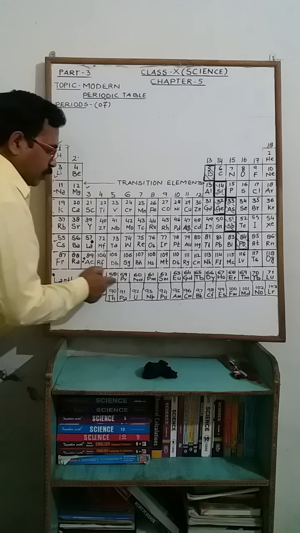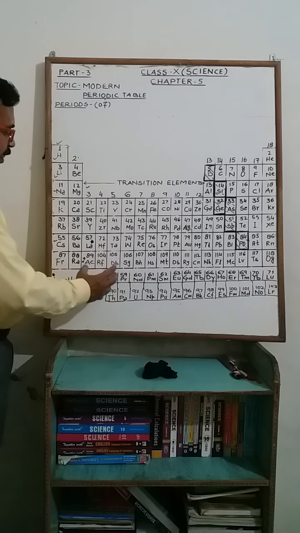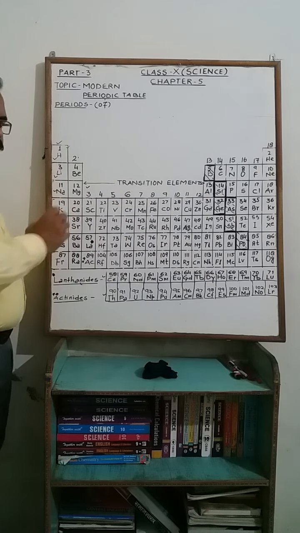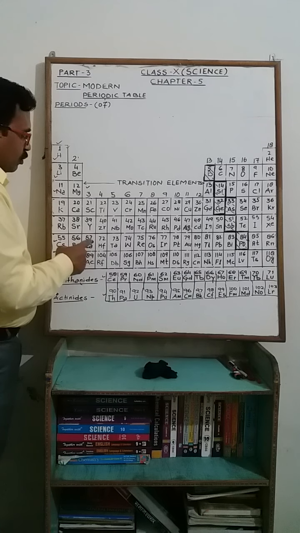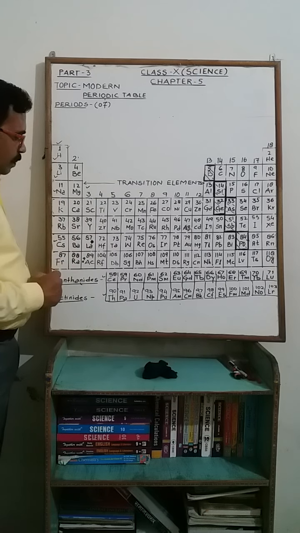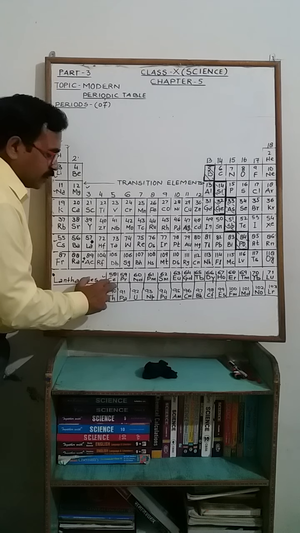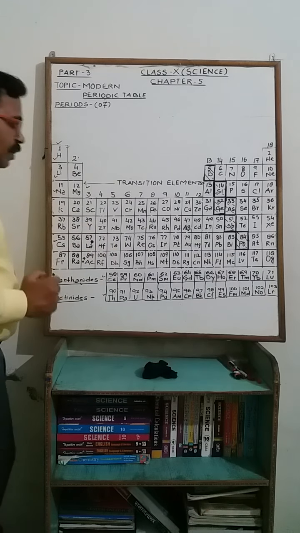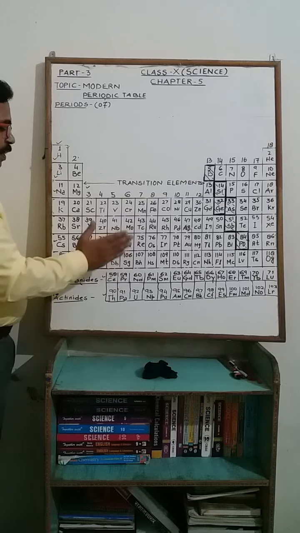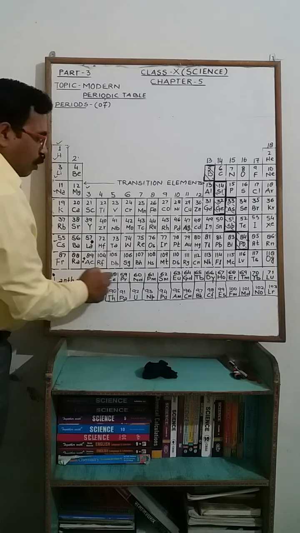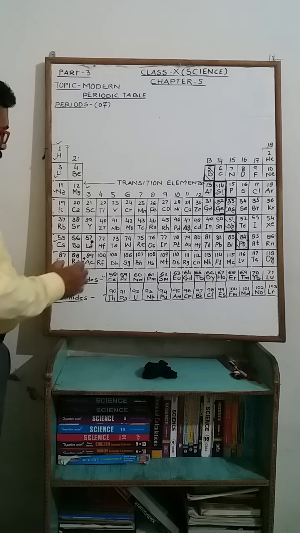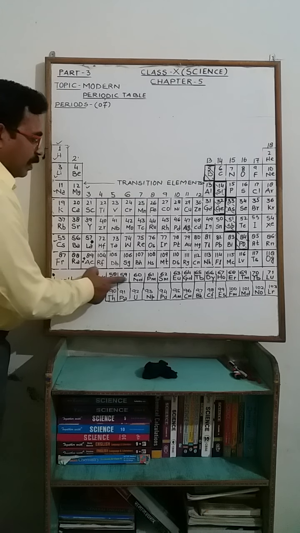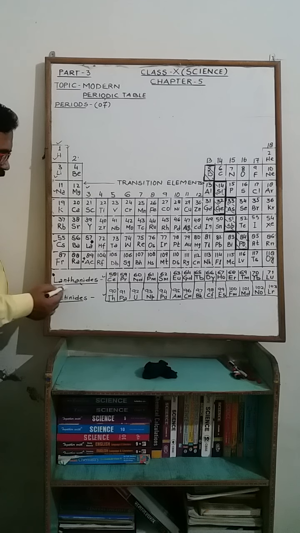To avoid the disturbance in the frame and the lengthiness of the table, these 14 elements, cerium up to lutetium, atomic number 58 to 71, are placed separately at the bottom. Because these come after lanthanum, these 14 elements are known as the lanthanides.